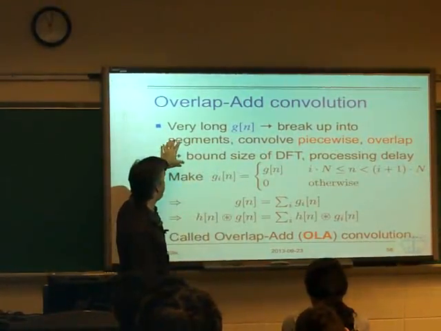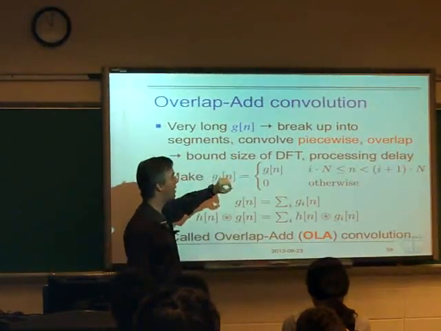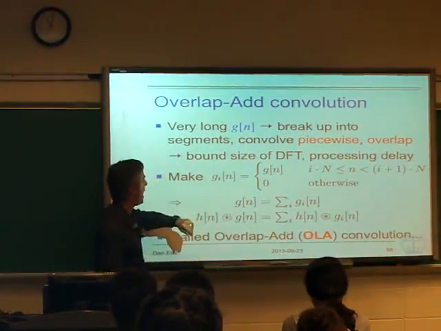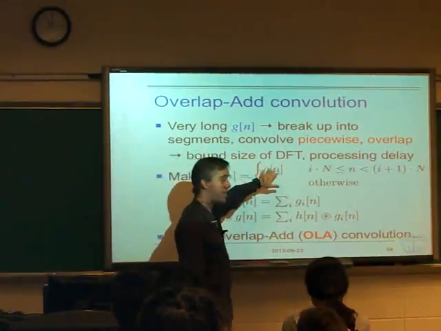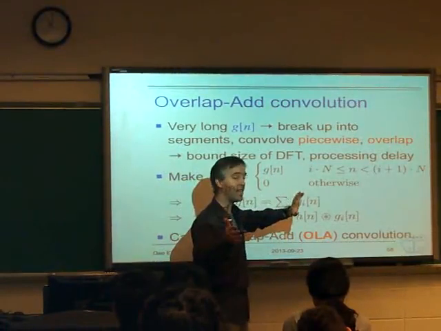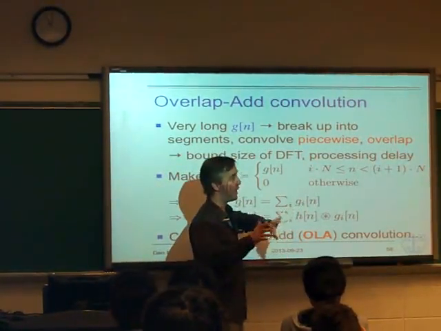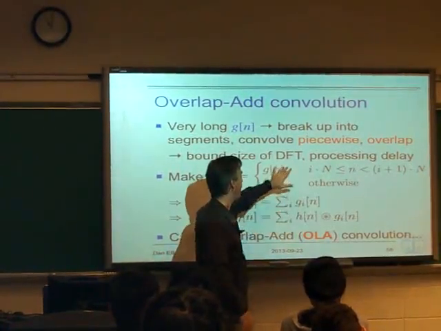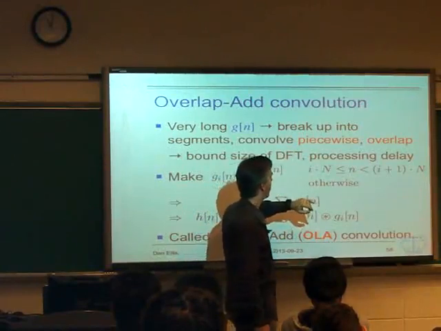And so if we have a very long g[n], we break it up into fixed-size chunks, calculate the convolution individually, and overlap. This allows us to use a DFT of some size of our choice. We still have to cover the length of the impulse response, but we could actually do it both ways. So we can use an arbitrarily small DFT if we're worried about memory or something.